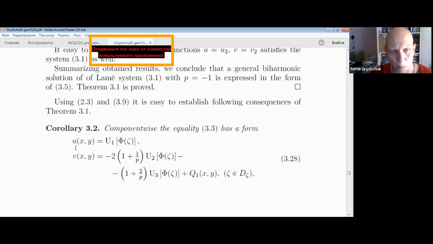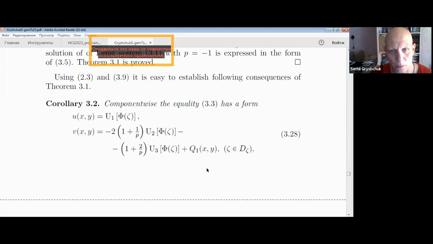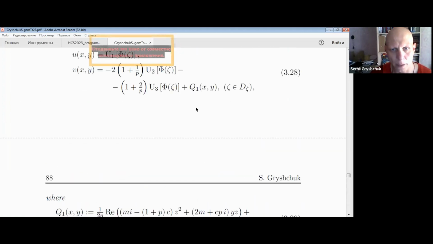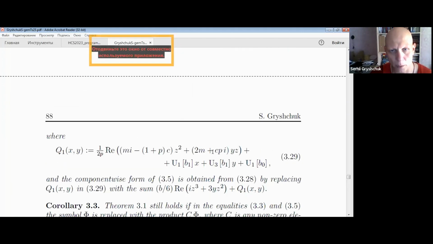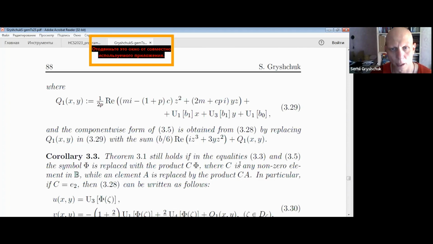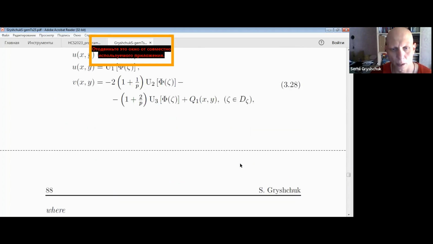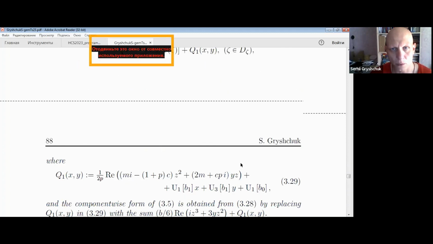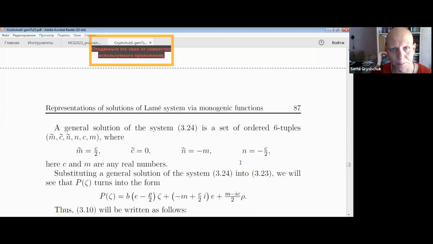The first component of the solution V equals some linear combination of the second and the third components of our monogenic function, plus these complex polynomials, also of at most second order. And of course, in our formula we have a general formula.